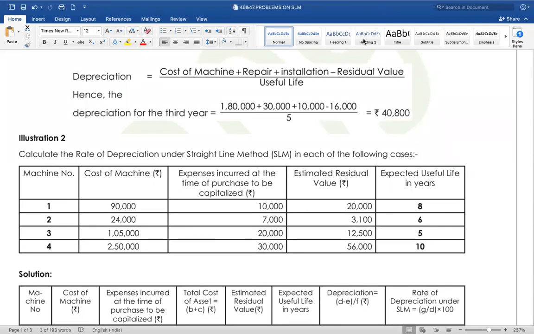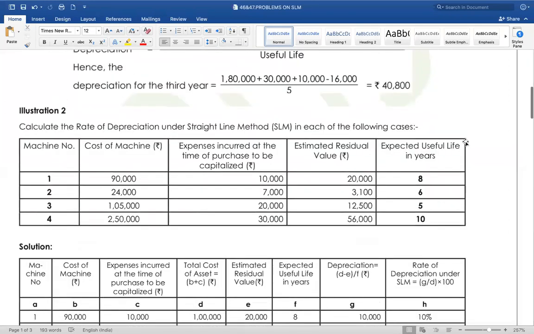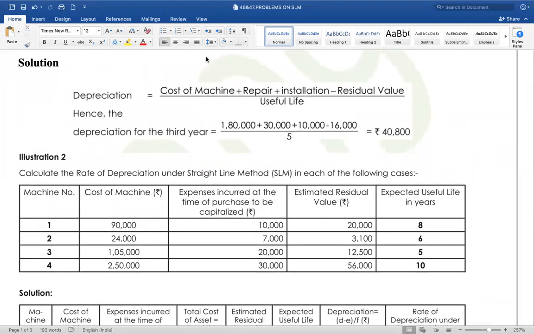Now, what I would like to do here is request Maria, Amar, Pawan, Joel, and Sabrinath to take up these four machines and substitute these values in the formula that is given above.